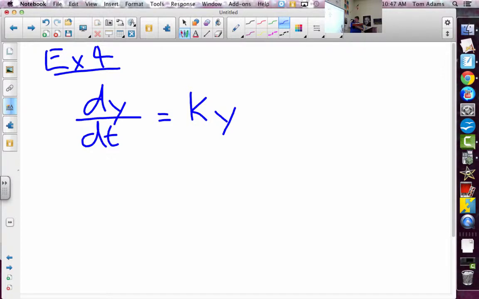And so here we could do a separable differential equation and then integrate the two and solve for y. When you do that, you get y is equal to y naught, the original amount.